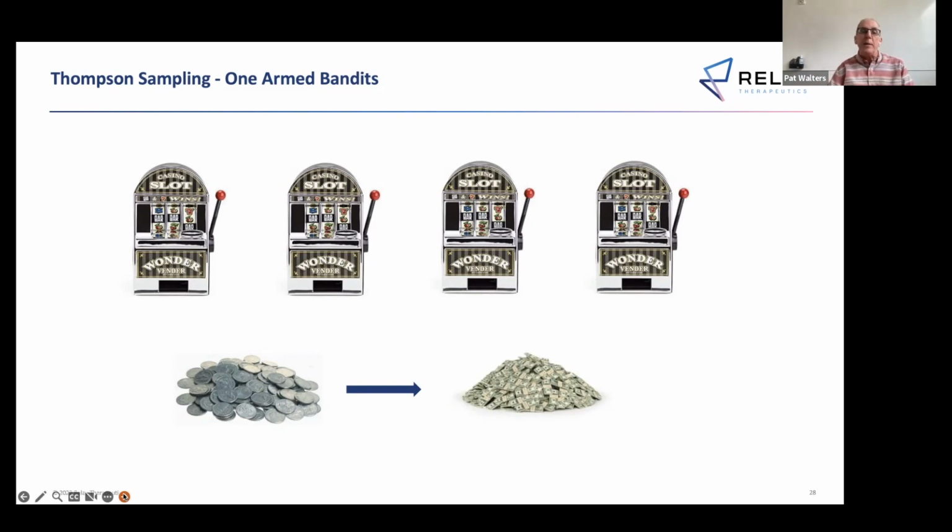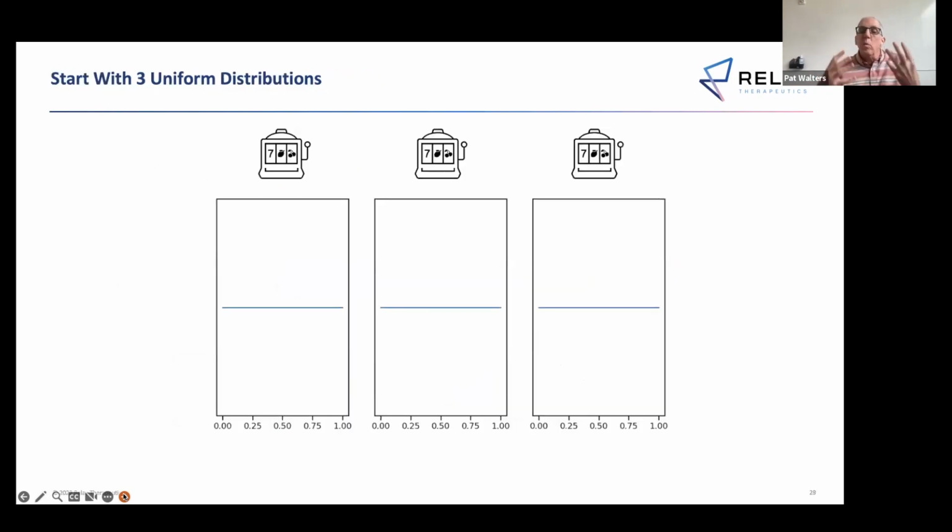In the multi-arm bandit problem, I have a set of slot machines and I can pull levers on those slot machines. But how can I come up with the most optimal order of pulling those slot machines to maximize my payoff? One way to look at that is to use Thompson sampling.